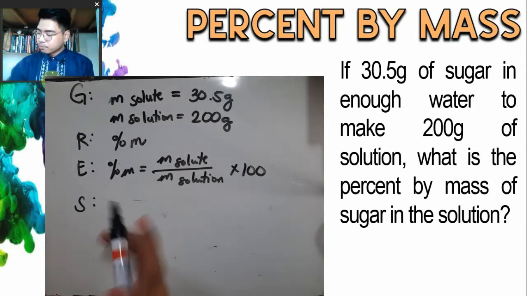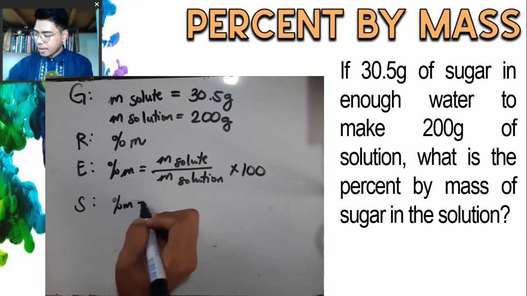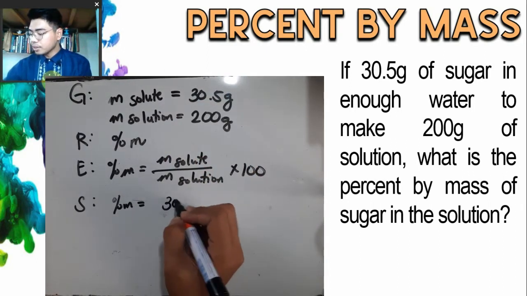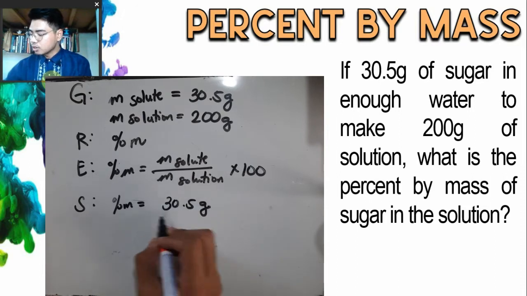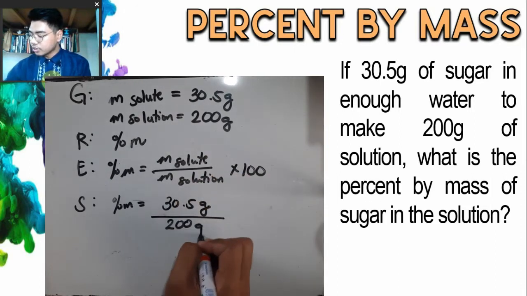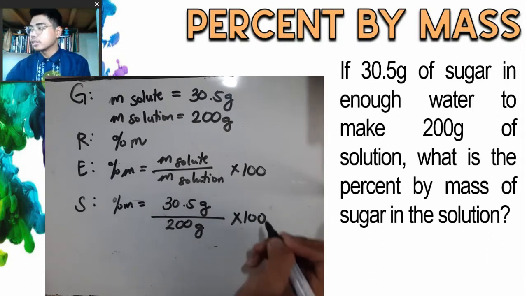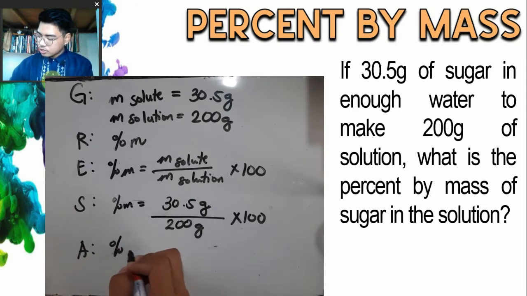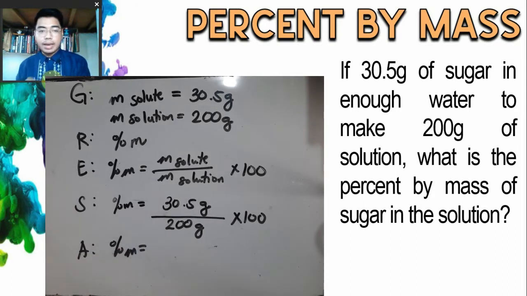Okay? Now, percent by mass is equivalent to the mass of solute, which is 30.5 grams, over the mass of the solution, which is 200 grams. Then we're going to multiply this by 100, in which we arrive at the answer for percent by mass.